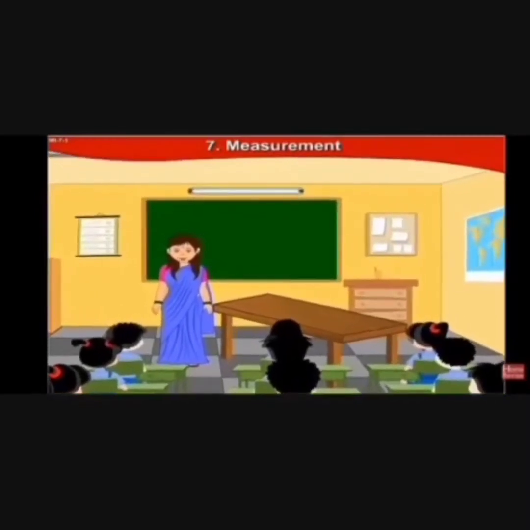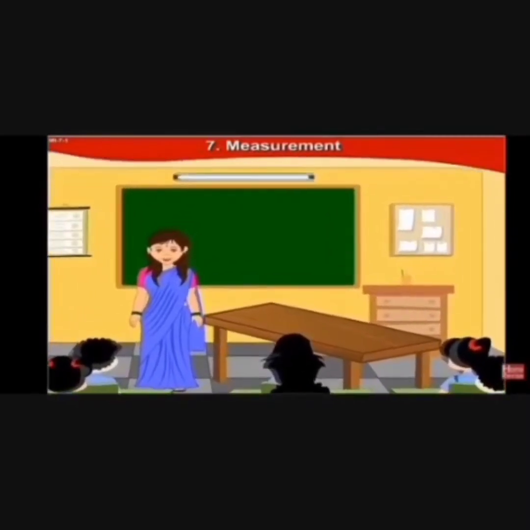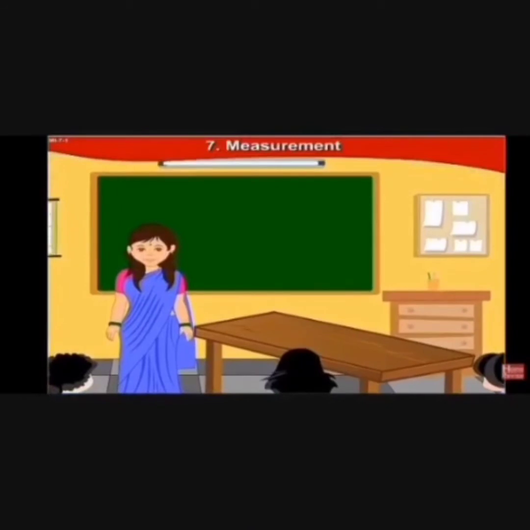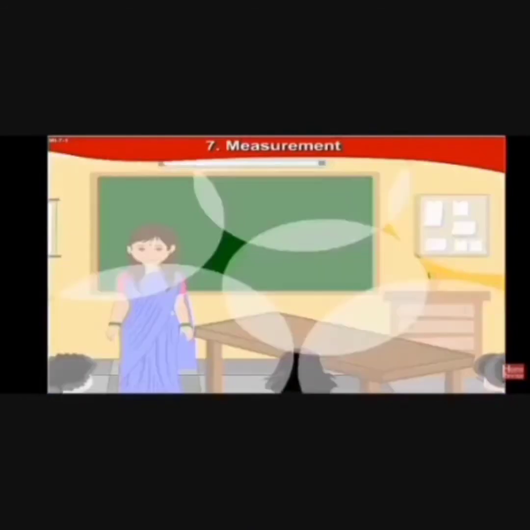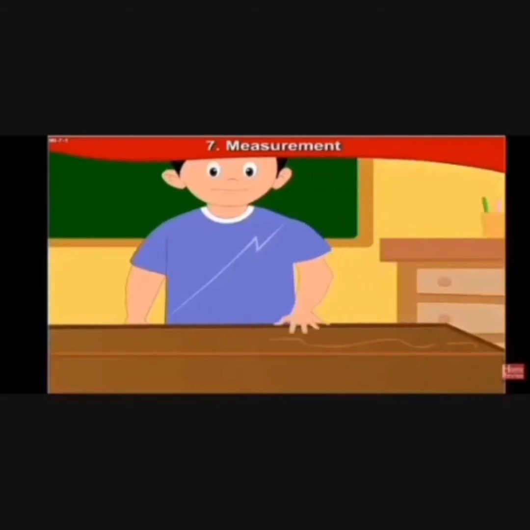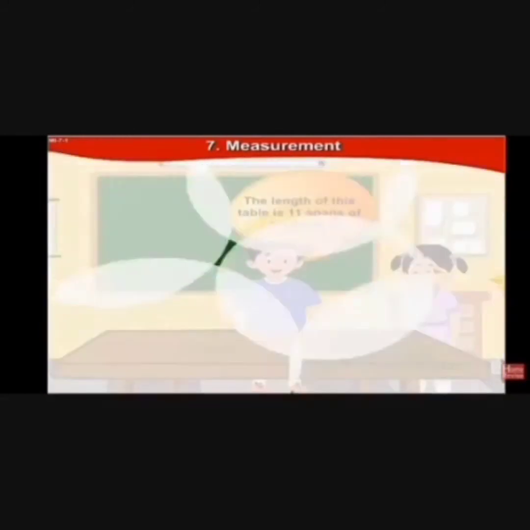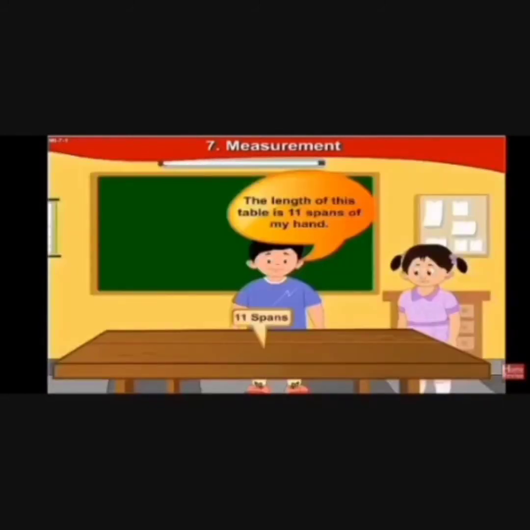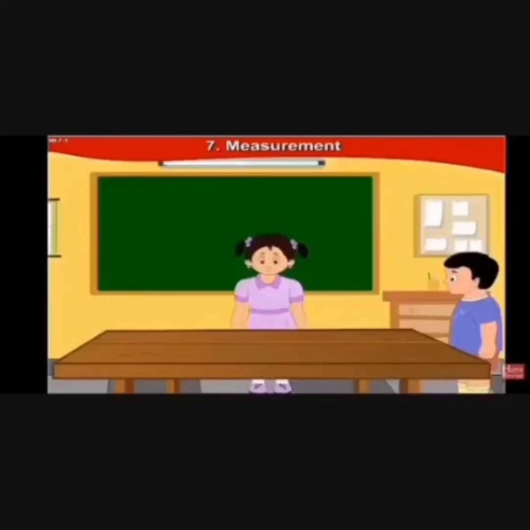Hey students, let's try to find out the length of this table. Monu said, "I will do first. The length of this table is 11 spans of my hand." Sonu said, "Now I will do.